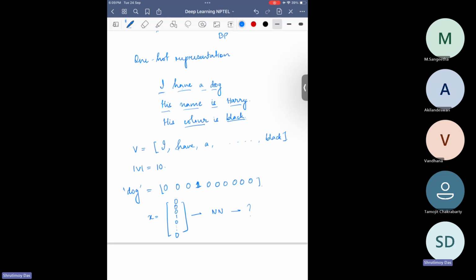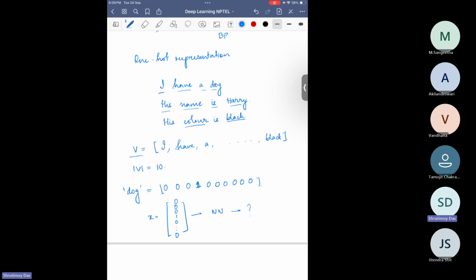So the problem here is that this V can be very large, right? Suppose you are training a model and your data set is a collection of all the text that is available on the internet. That means there are thousands, millions of websites, and almost billions and trillions of words there.